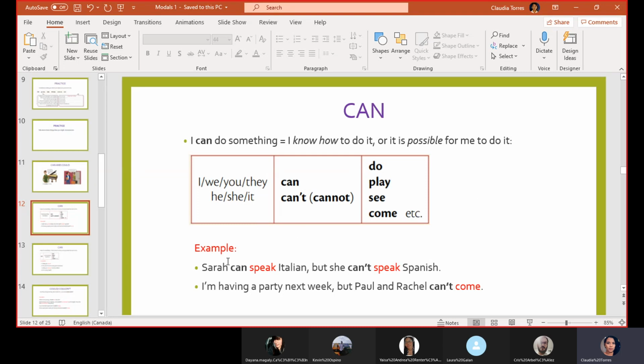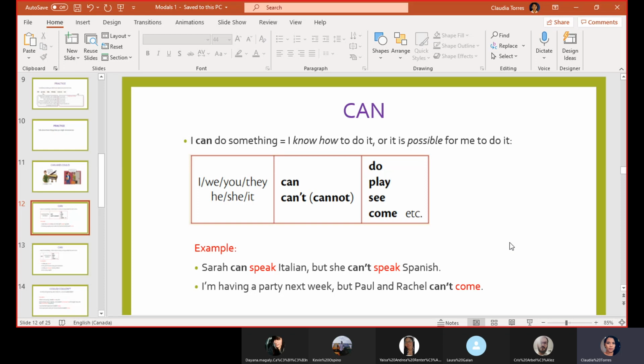Now look at the example. Sarah can speak Italian, but she can't speak English. She can't speak Spanish.